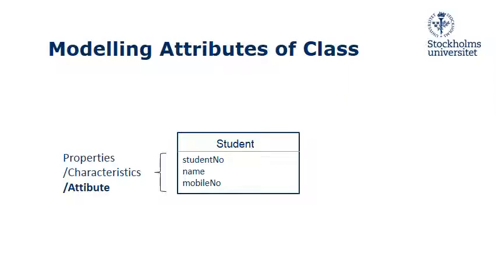Now we can give this class properties, characteristics or attributes. We are going to use the term attributes because this is a term that UML uses. And these attributes are the common characteristics of this class here.